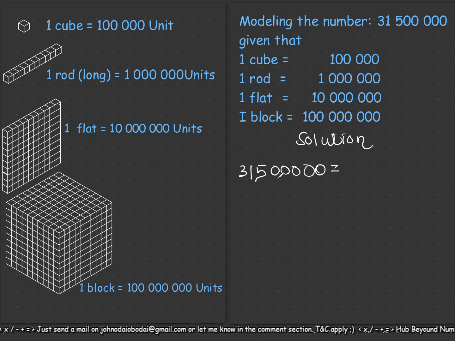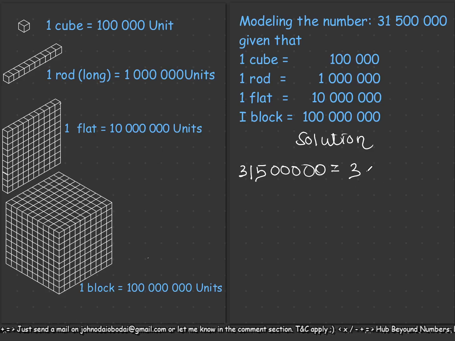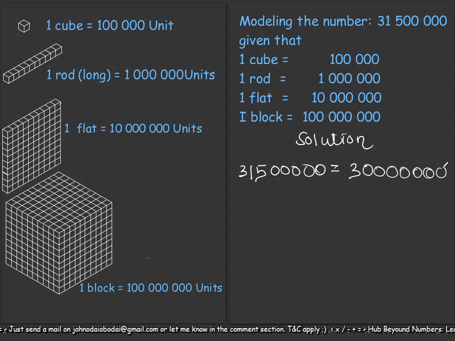For this number, you just write the first one, which is 3. Then all the rest should be 0. So that is 1, 2, 3, 4, 5, 6, 7 zeros. Then after that, you come to the next number.